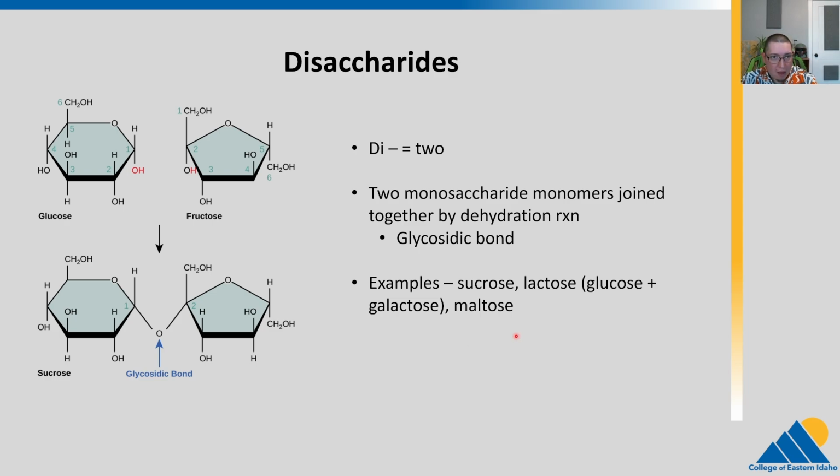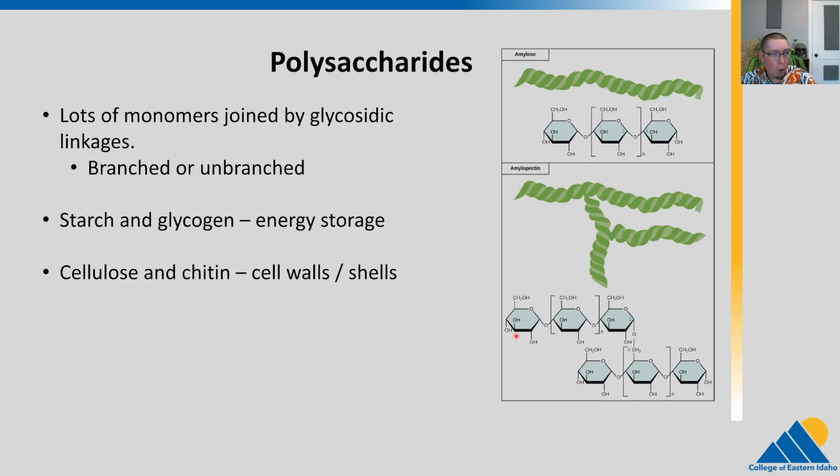So disaccharides are two of these monomers put together. If you can do two, you can probably do more, right? So if we start tacking on more and more of these monomers, we end up with what we call a polysaccharide, poly meaning many. And as I showed you in the last section, we can get very, very long chains of glucoses to form things like starch and stuff like that.